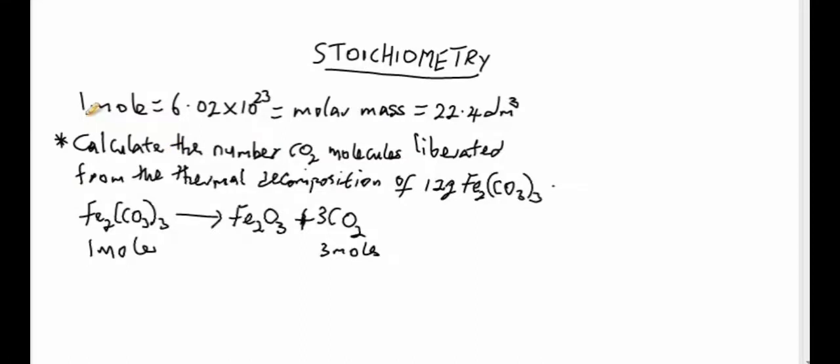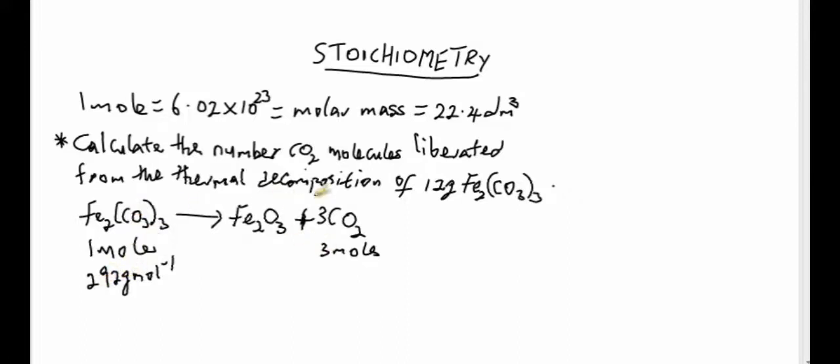So we will bring in the molar mass of iron(III) carbonate, which should be 292 grams per mole. This is because the molar mass of iron is 56, so 2 times 56, carbon is 12, and oxygen is 16. So this will give a total of 2 times 56 plus 3 times 12 plus 9 times 16, which gives 292.